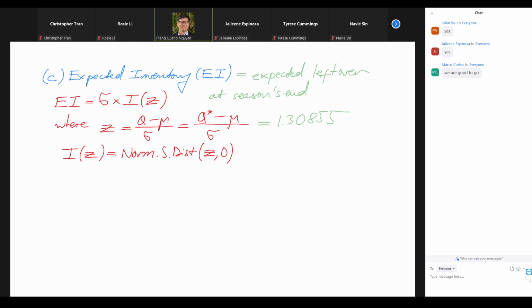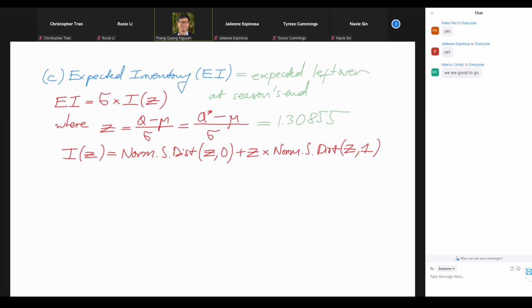This is an Excel equation, so you punch exactly like this into Excel. And then plus the Z value times NORM.S.DIST one more time, of the Z value comma 1. So comma 0 and then comma 1.